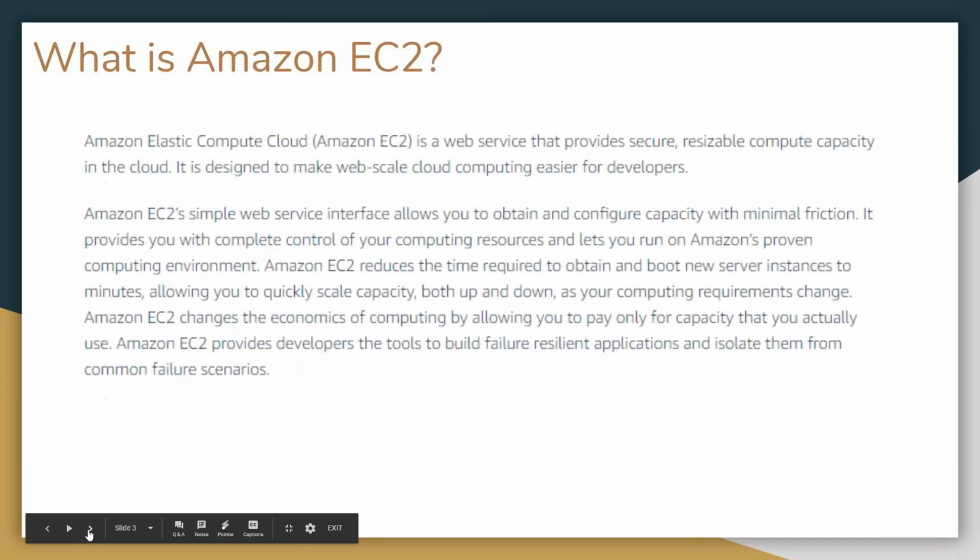Going to the next slide. Basically, EC2 is a web service provided by Amazon, using which you can create your virtual machines. If in your organization you already have virtual servers or virtual boxes created, you can install your software on them. Similarly, on Amazon AWS, EC2 is a web service using which you can create your virtual machine.